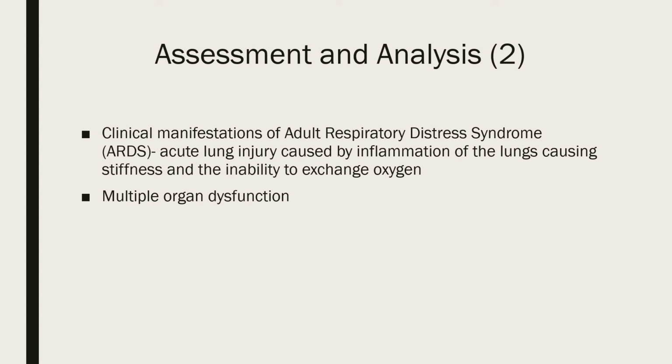We may see clinical manifestations of adult respiratory distress syndrome, ARDS. This is an acute lung injury caused by inflammation of the lungs, causing stiffness and then the inability to exchange oxygen. Your client is on the way to multiple organ dysfunction.